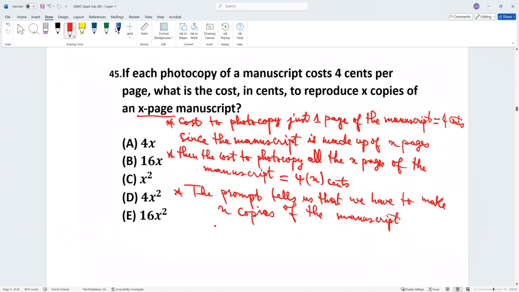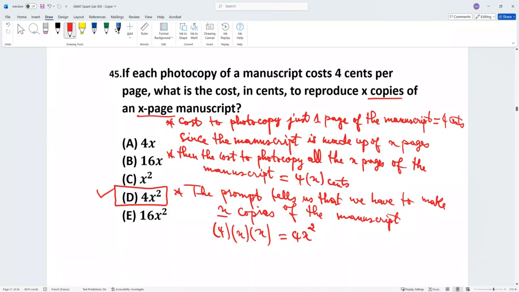So then we will be having 4 times X times X. You have to make X copies because it says reproduce X copies of an X page manuscript. Now this will give us 4 times X to the power 2, which is answer D.